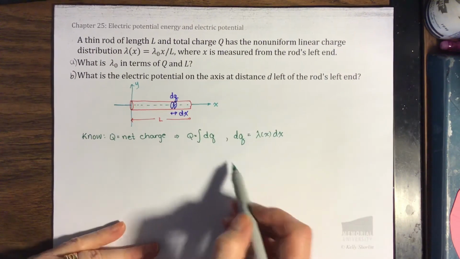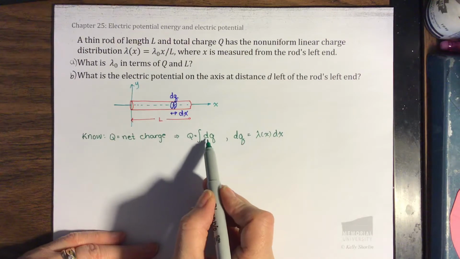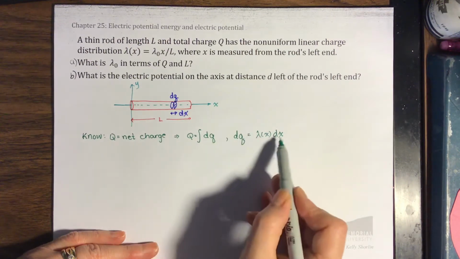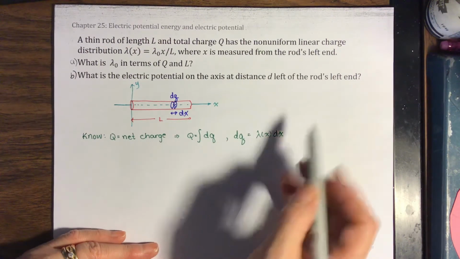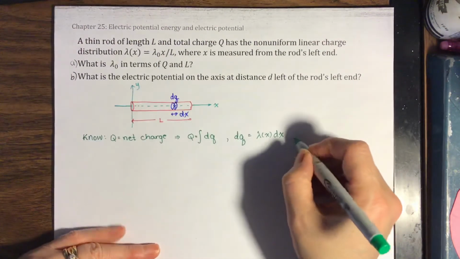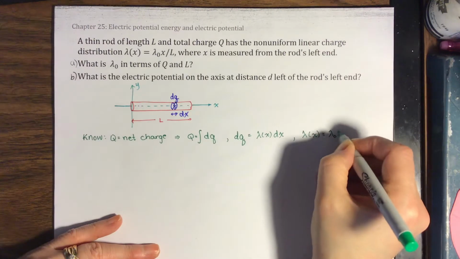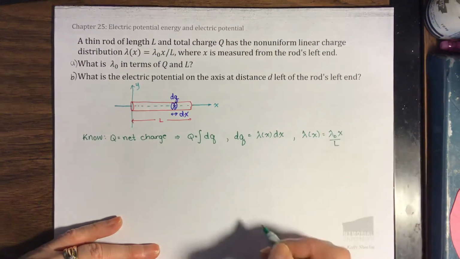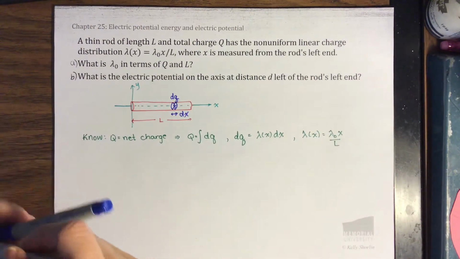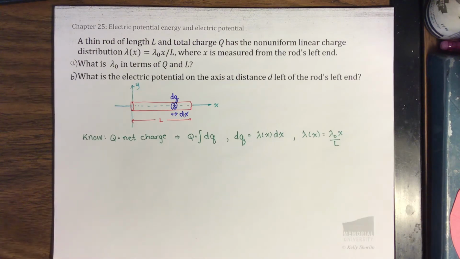Okay, so now what we can do is put this all together. Q is the integral of dq, where this is our expression for dq, and lambda of x is given by the function in the problem. The constant times the position x divided by the length of the rod. Okay, let's put all this together and see what we get for our answer.